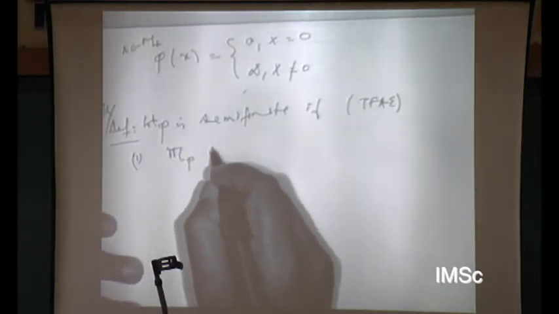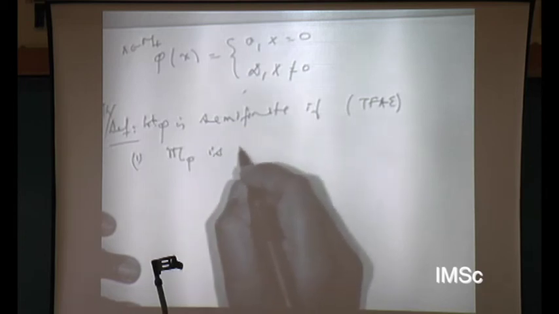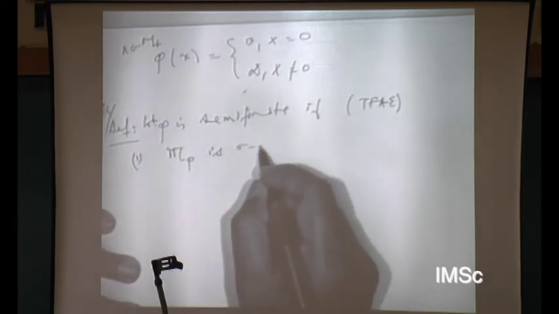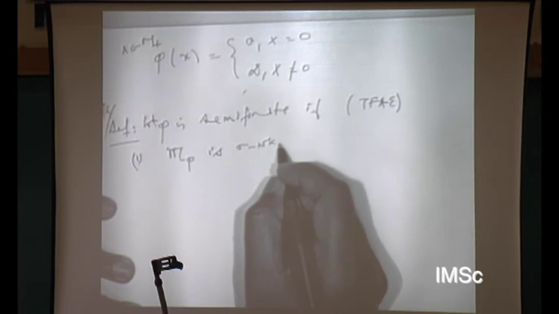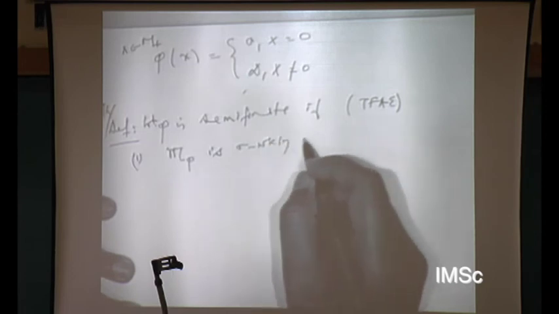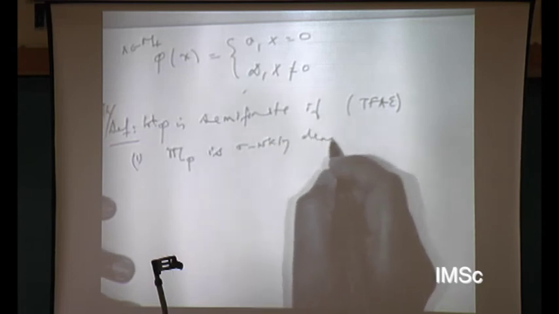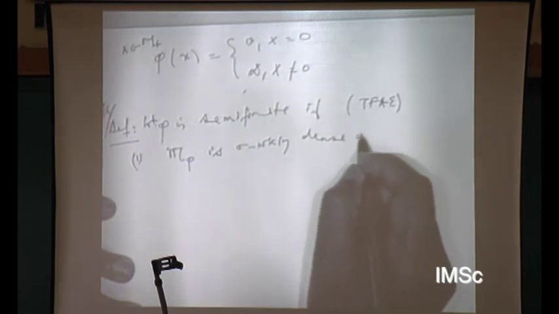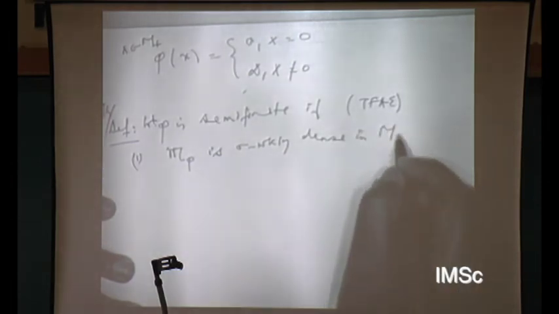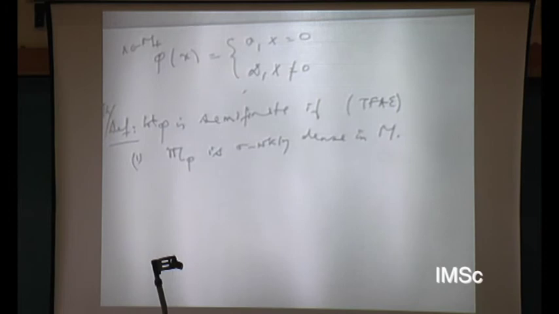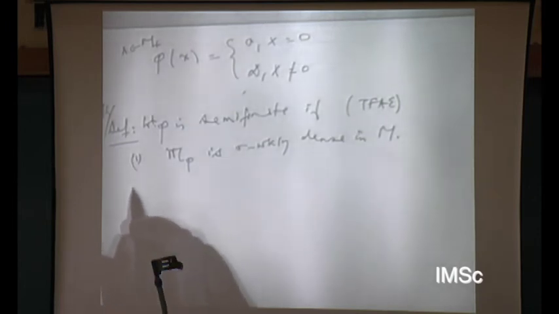So, if this is sufficiently big, in a von Neumann algebra, the natural topology is the sigma weak one.